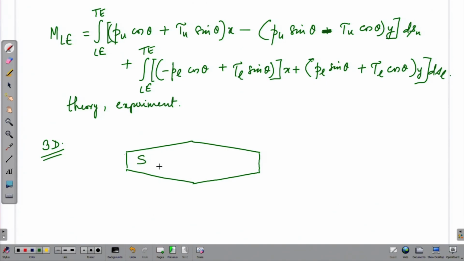What you see from top is called the planform area, and the flow comes in from upstream and meets the wing like this. If you take a cross section of this wing at some location, then what you see is an airfoil section. This is where you see the airfoil section.